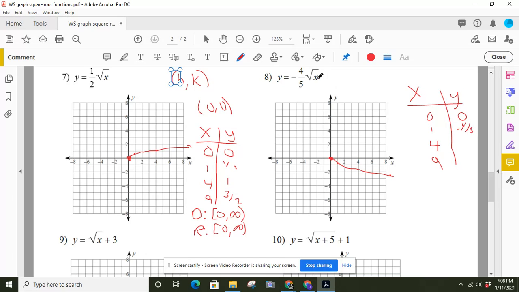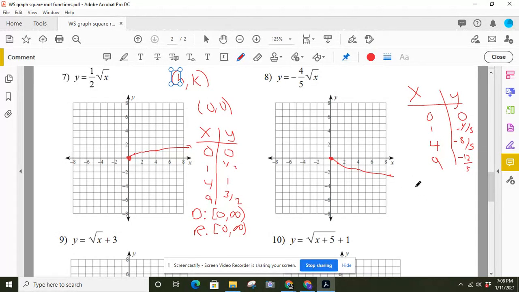Plug in 4, square root of 4 is 2, so now you get negative 8/5, or if you like decimals, negative 1.6. Plug in 9, square root of 9 is 3, so now you get negative 12/5. If you like decimals, that's negative 2.4. All right, and there's your graph.